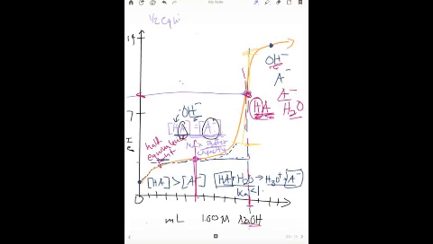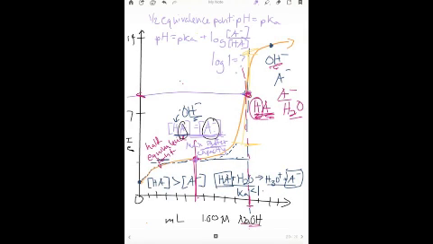Another important thing about the half equivalence point is that the pH of the solution at this point is equal to the pKa. And how come? Well, if you look at the Henderson-Hasselbalch equation, if the concentrations of our weak acid and our conjugate base are equal, when they divide by each other, it equals 1.